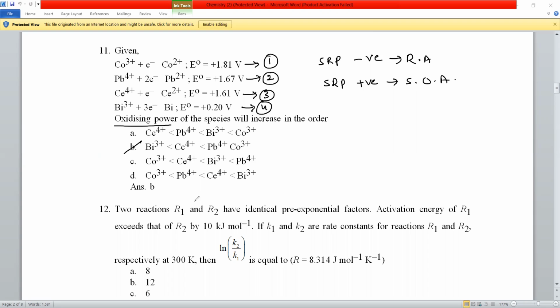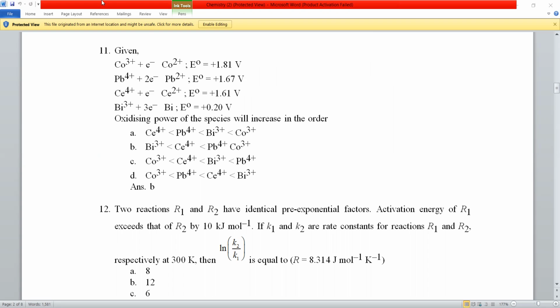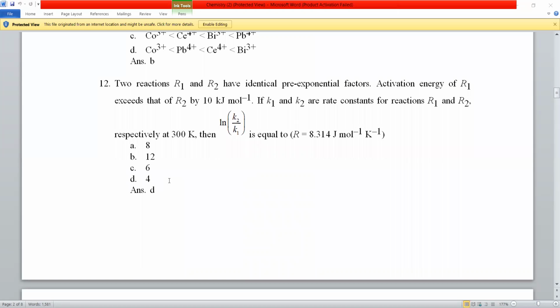So next, question number 12. This is somewhat tricky, students. What they have given here: two reactions, R1 and R2, with identical pre-exponential factor. A is constant, A is the same for both reaction 1 and reaction 2. The activation energy of R1 exceeds that of R2 by 10 kilojoules.